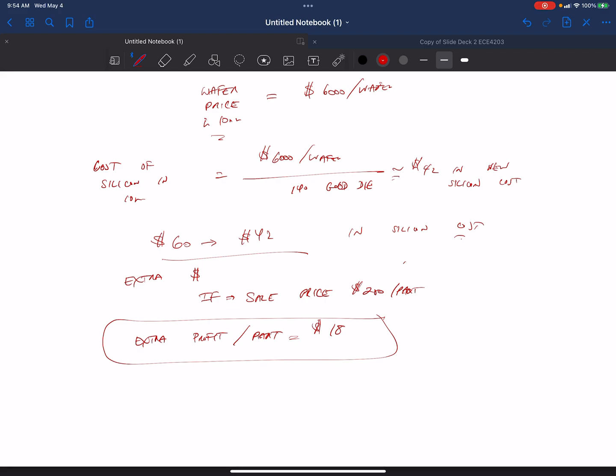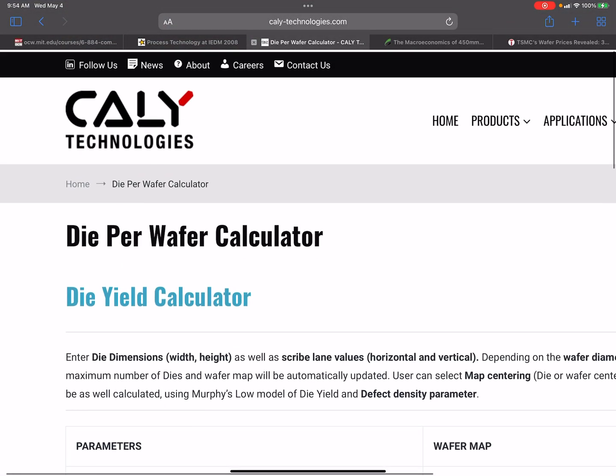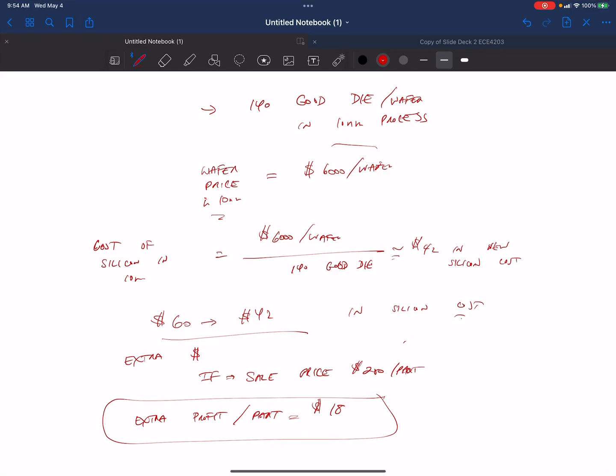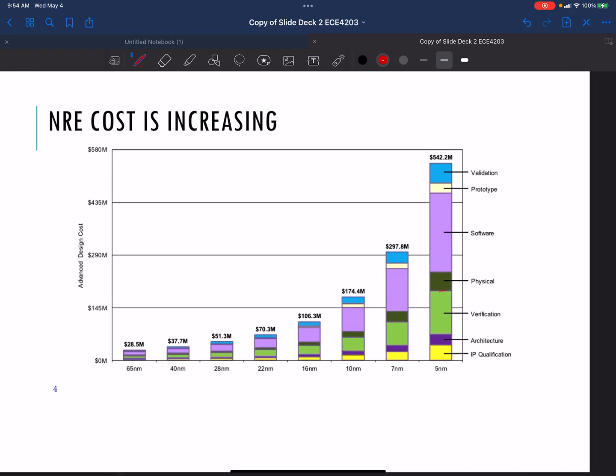Okay, so now it cost us, unfortunately, a bunch of money to make this part, and this is going to slide deck 2, slide 4. I had some estimates of the non-recurring engineering cost. That's how much it costs to design and create this part.